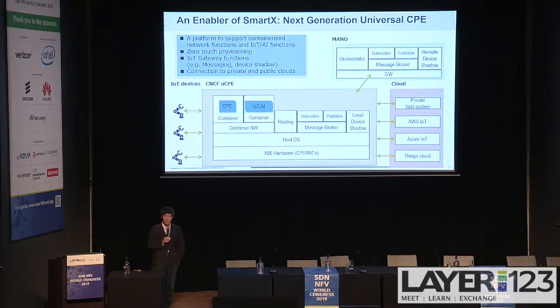And similar to many traditional UCP solutions, we also support zero-touch provisioning, which means that as long as you connect your UCP platform to any of your internet or MPLS network, the zero-touch provisioning will happen, and all the container and the container networking configuration will be downloaded and applied automatically, and the services will be provisioned automatically.